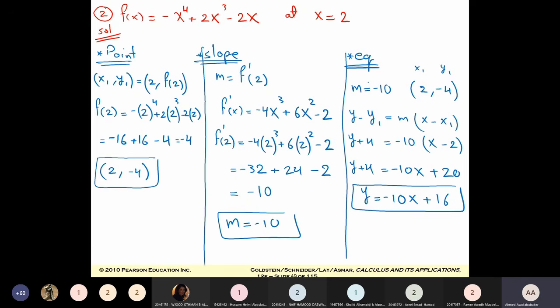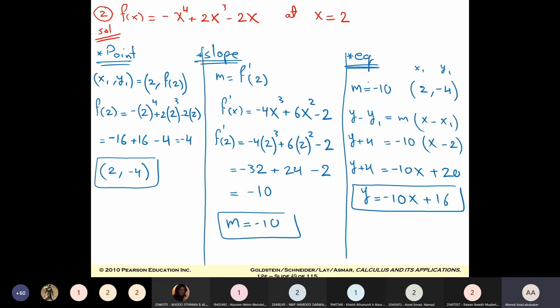Also, we can ask you about the tangent line in any new rules of derivatives in chapter 4, chapter 5, and also chapter 6. We can ask you to find the tangent line equation.